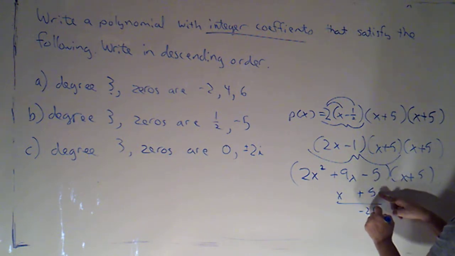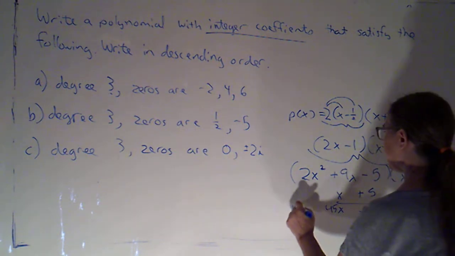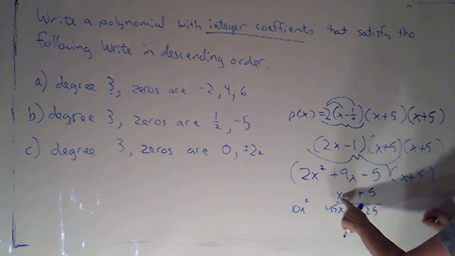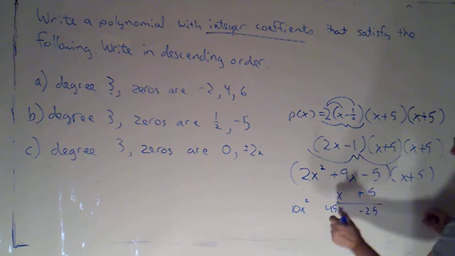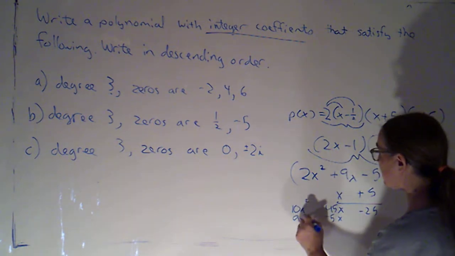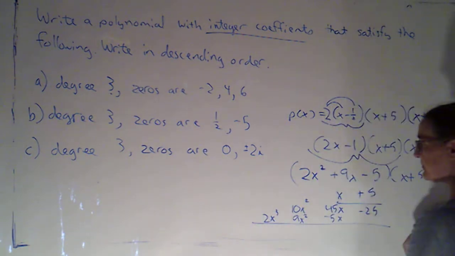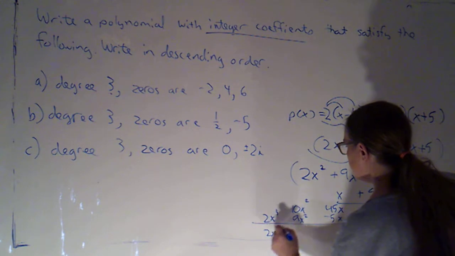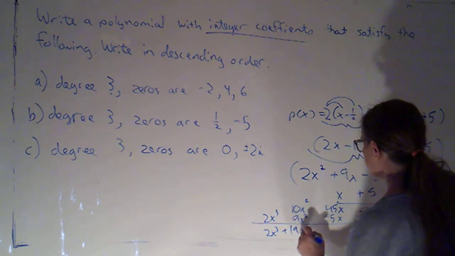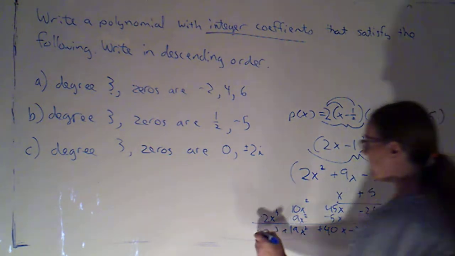So I get negative 25, I get 45x, and I get 10x squared. Now when I distribute the x, I'm going to get negative 5x, 9x squared, 2x cubed. So we'll have 2x cubed plus 19x squared plus 40x minus 25.